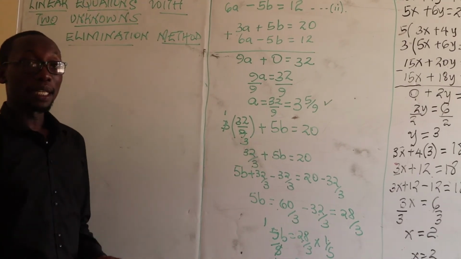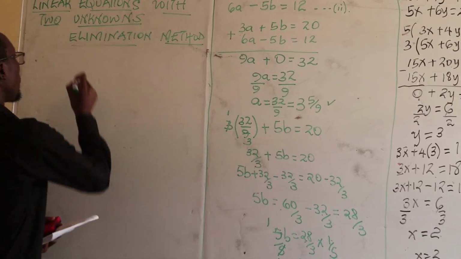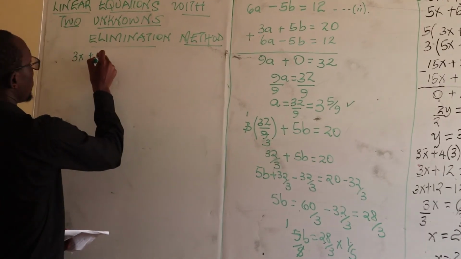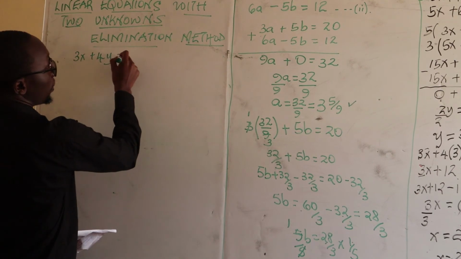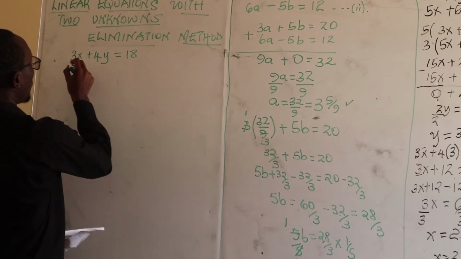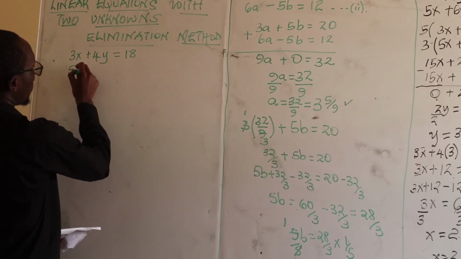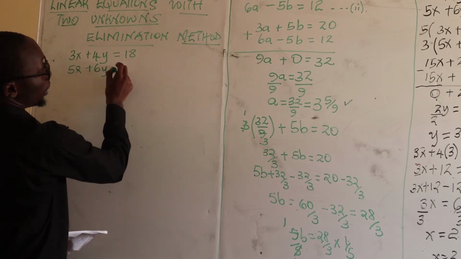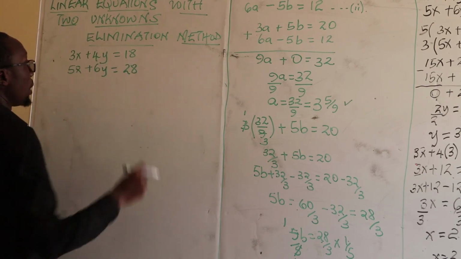Now I want us to eliminate y. We have 3x and then plus 4y is equals to 18. And then we have 5x plus 6y is equals to 28.